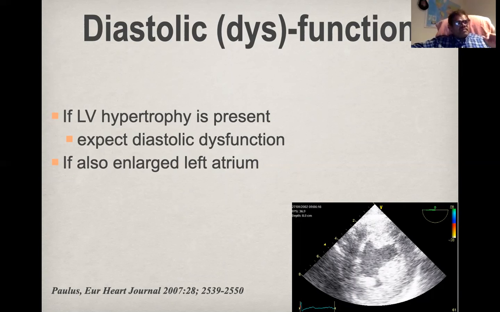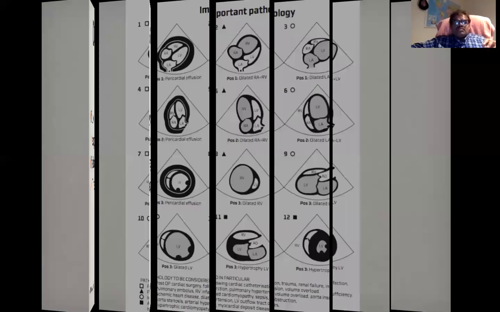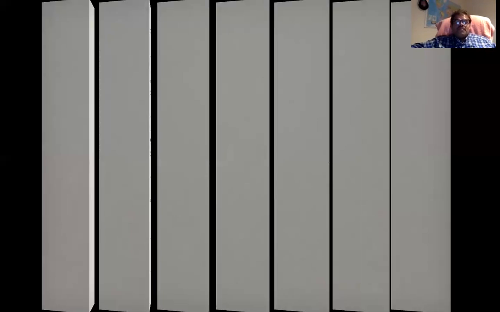So if the patient has left ventricular hypertrophy and a dilated left atrium, then the possibility of the patient having diastolic dysfunction is quite high. You can see in the FATE card that left ventricular hypertrophy and LA dilatation are listed.